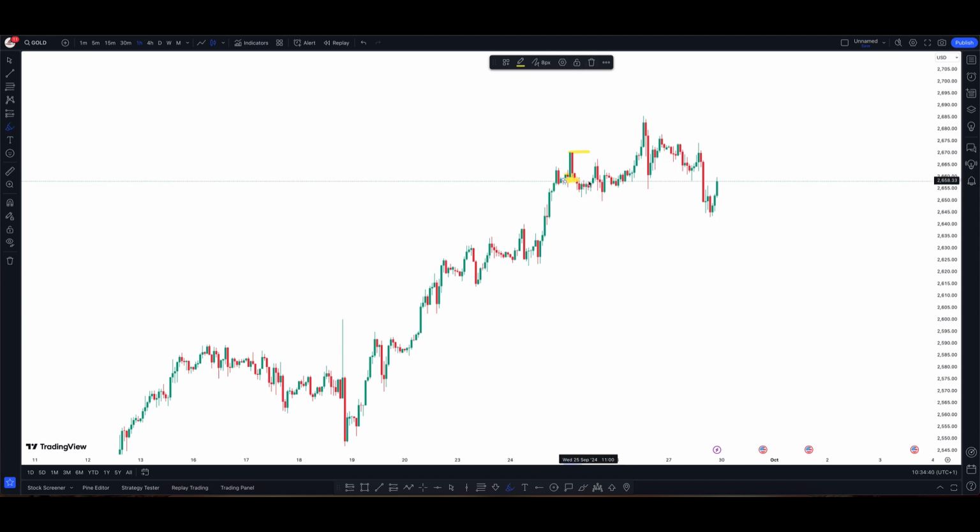So this is the R, resistance, sorry, support, I said resistance. So R, and the market took out this support and took out this support, then came back to this zone here, and you can see that it dropped.